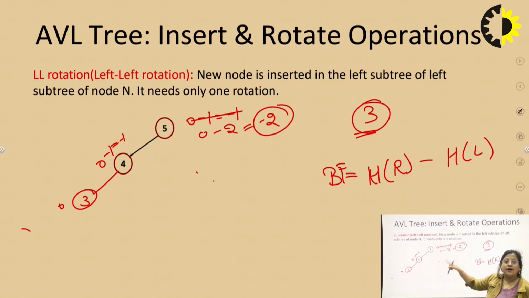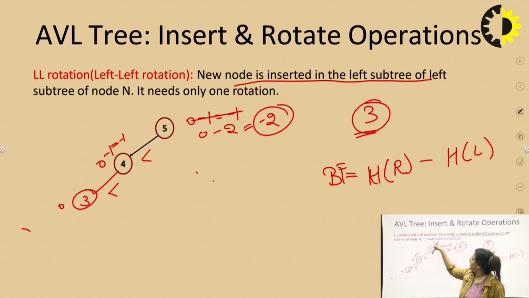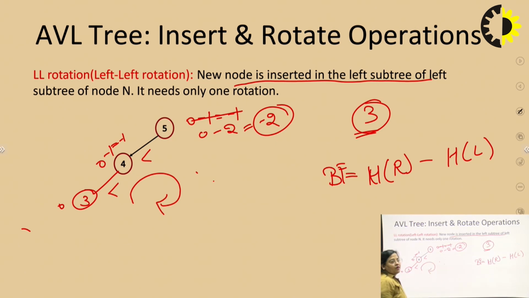So now you apply LL rotation here, because the node is inserted in the left subtree of the left subtree of node N, that is 3. It needs only one rotation, and this rotation is clockwise. So it moves like this.